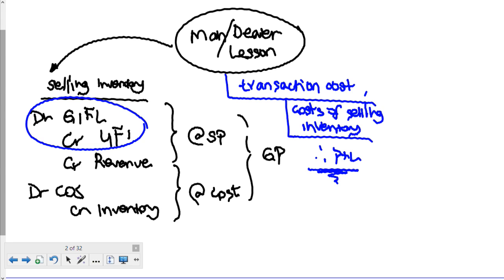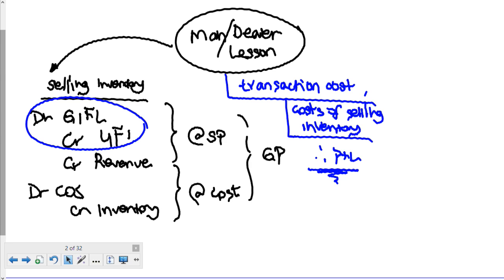Do you remember when we had the lessor, we added the transaction costs to the lease? We even did it in our assignment, isn't it? But when we have a manufacturer, dealer, lessor, transaction costs are deemed to be costs of selling inventory. They land up in P&L. They don't land up in the gross investments in finance lease. So that's the second thing.